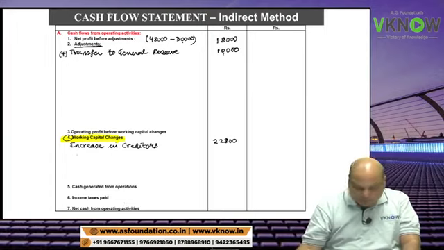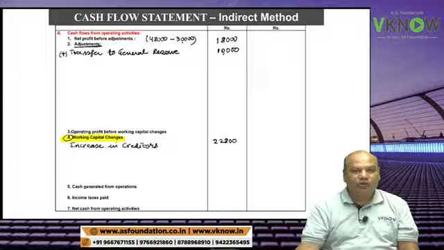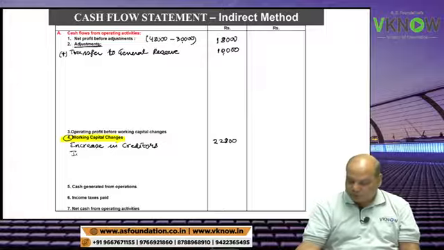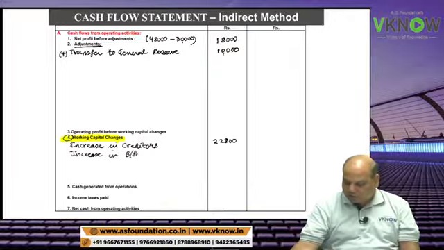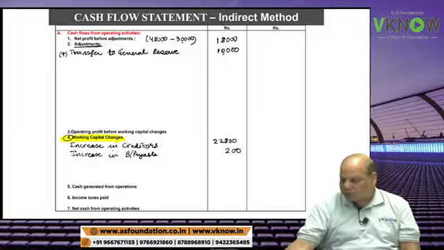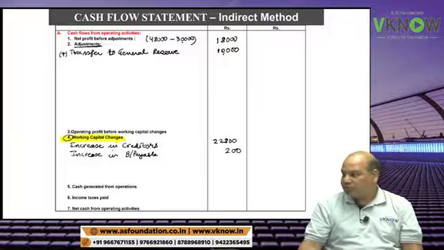Below that, bills payable, from 15,800 it has become 16,000. Same situation. Current liability has increased. Increase in bills payable is increase in cash flow. Positive number.